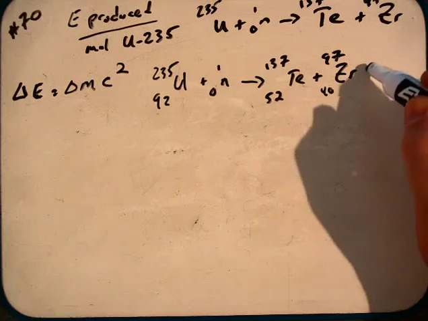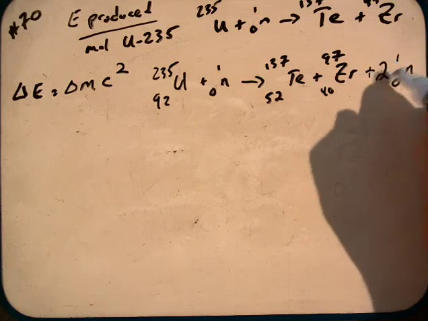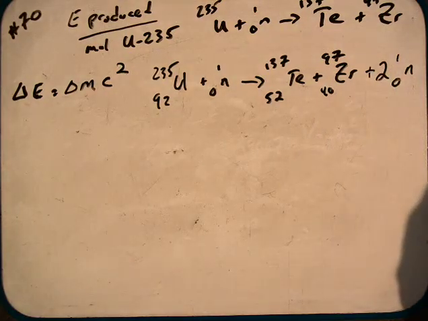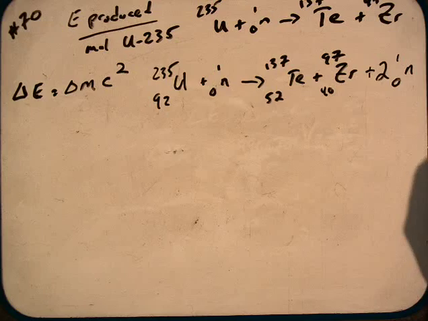And so in order to balance it, we have to add 2 neutrons to make sure that our reaction is balanced with neutrons and with protons.